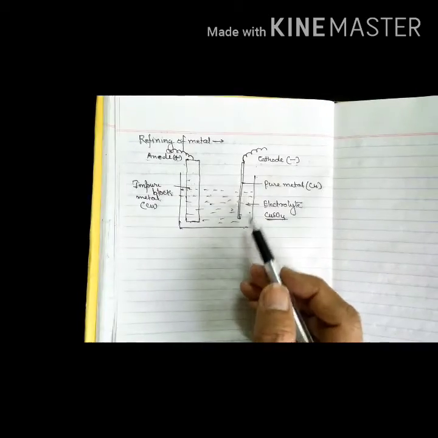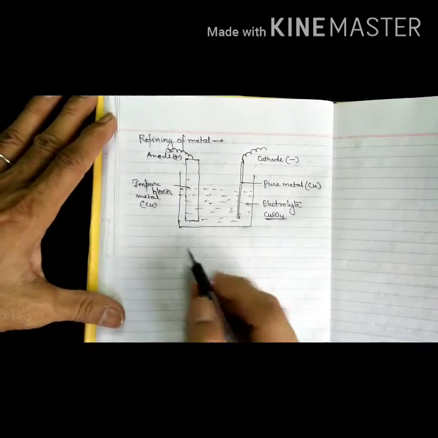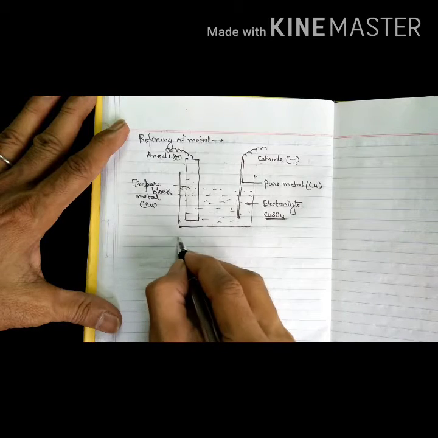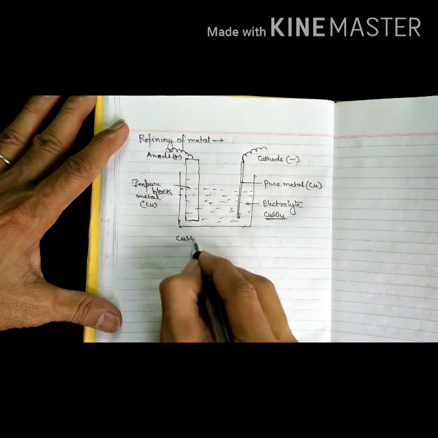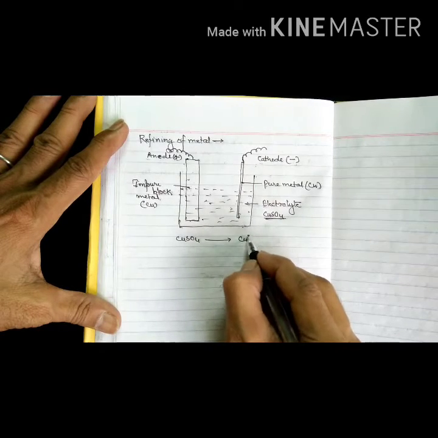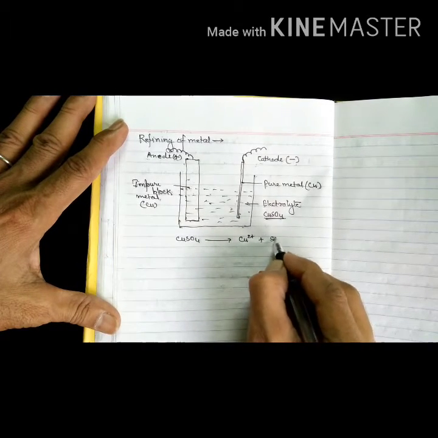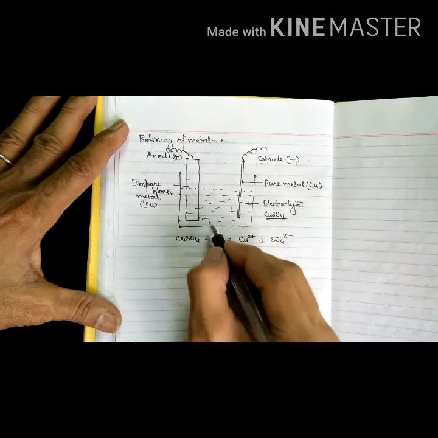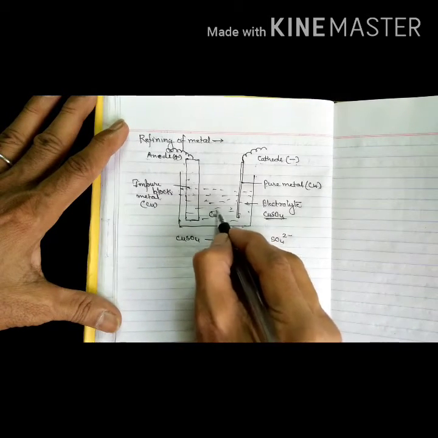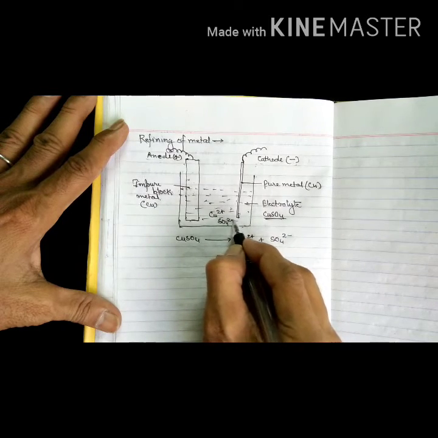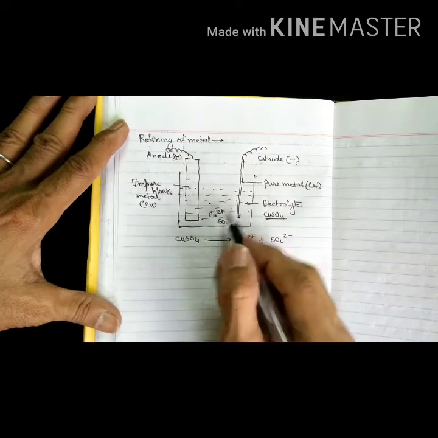Now, as the electricity passes through these electrodes, the copper sulfate, that is the electrolyte, will dissociate into Cu2+ and SO4 2-. Now, what will happen?